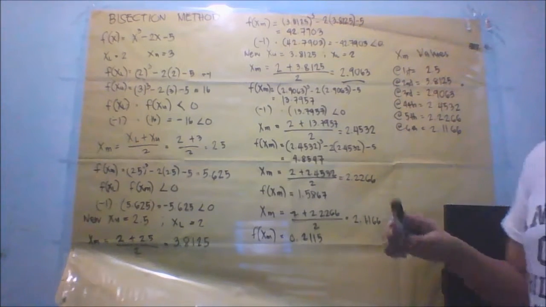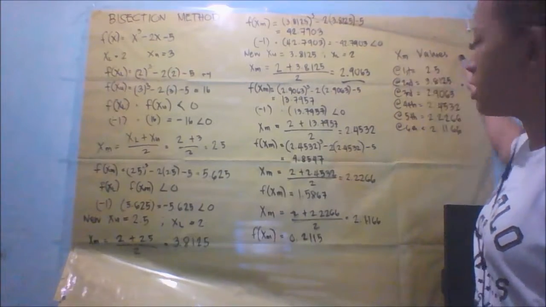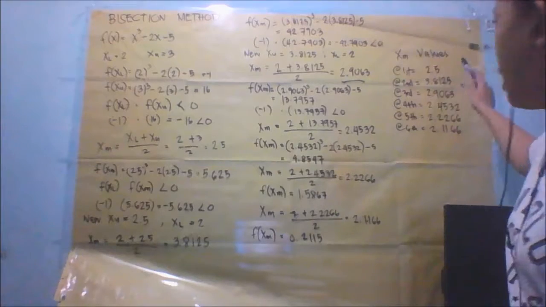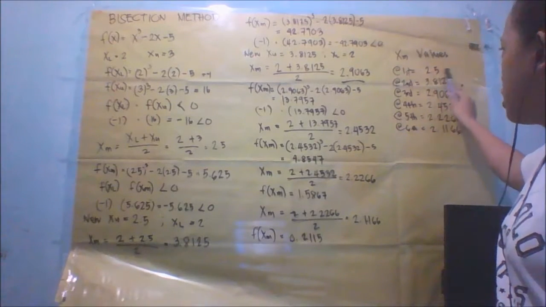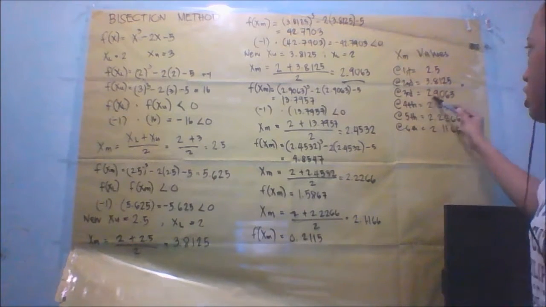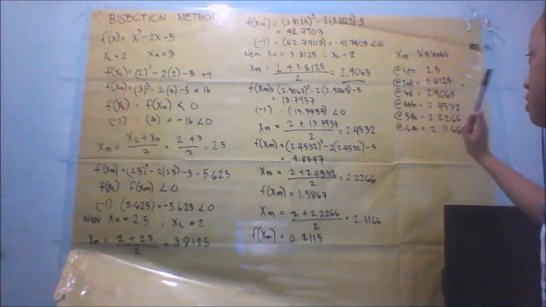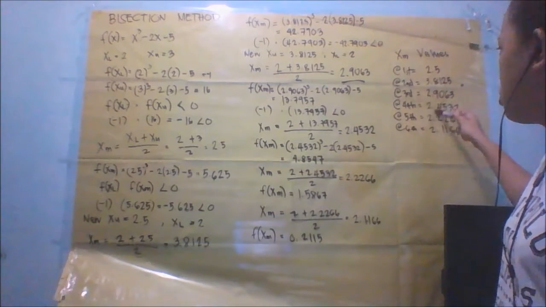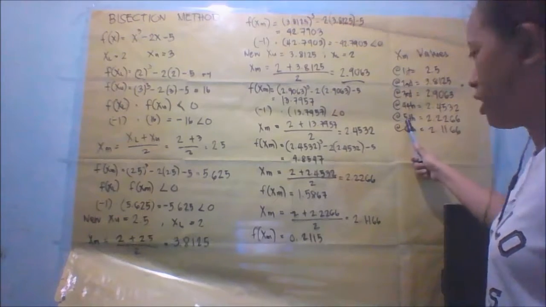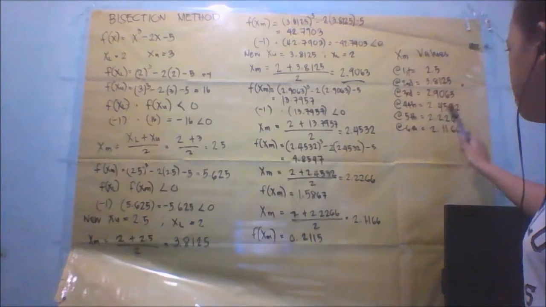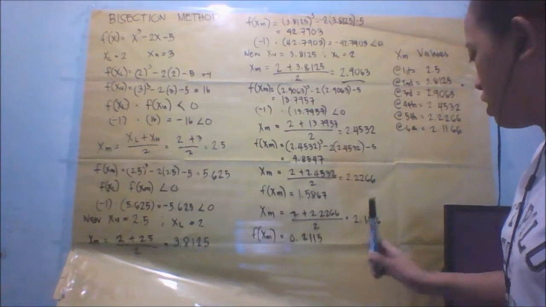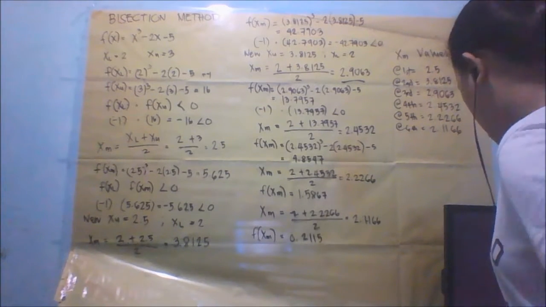So our xm values are: at the first iteration, 2.5; second iteration, 3.8125; third iteration, 2.903; fourth iteration, 2.4532; in the fifth iteration we have 2.2266; and our sixth iteration is 2.116.